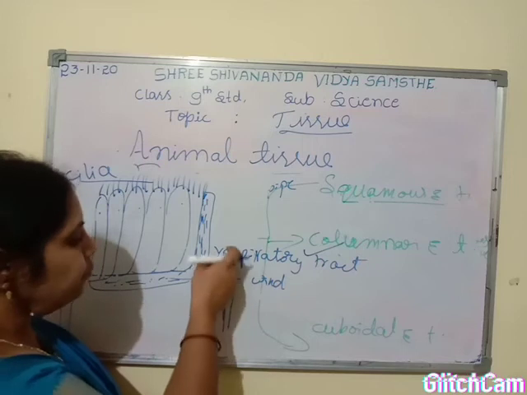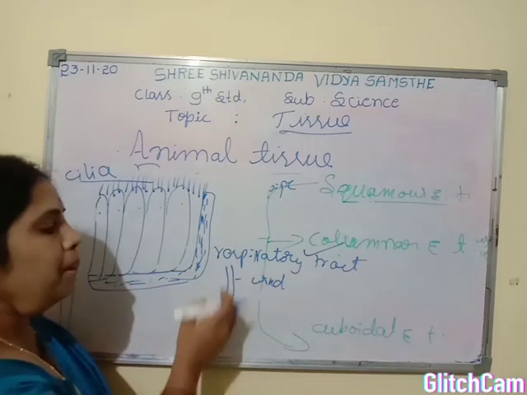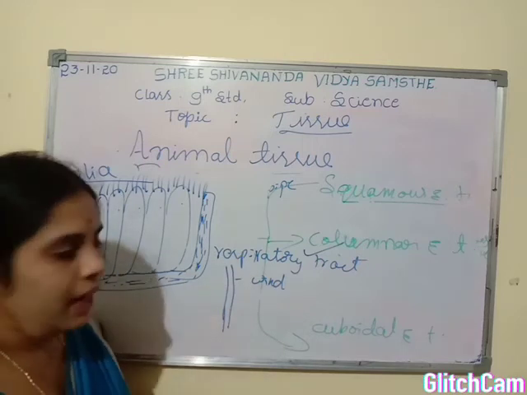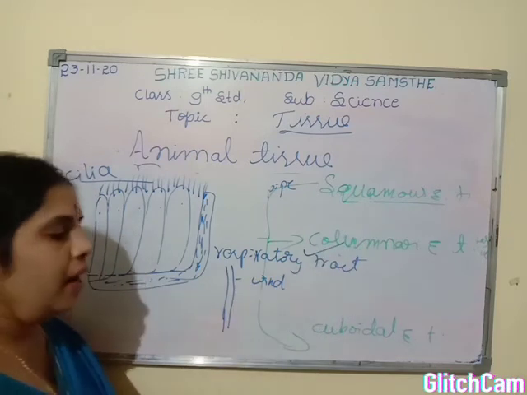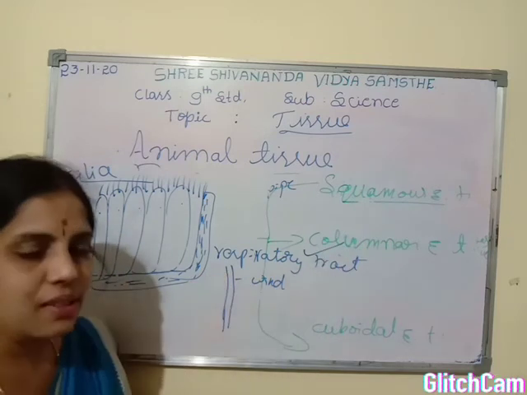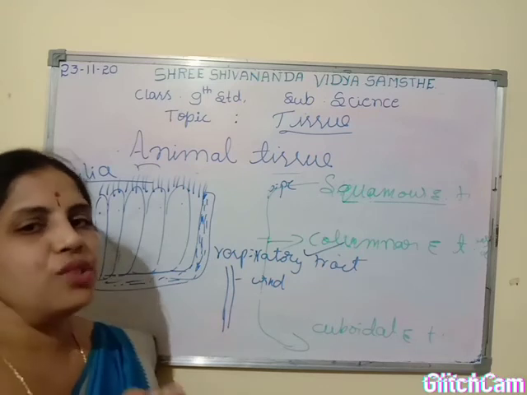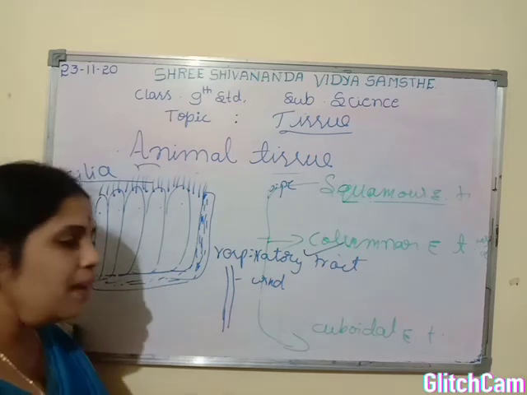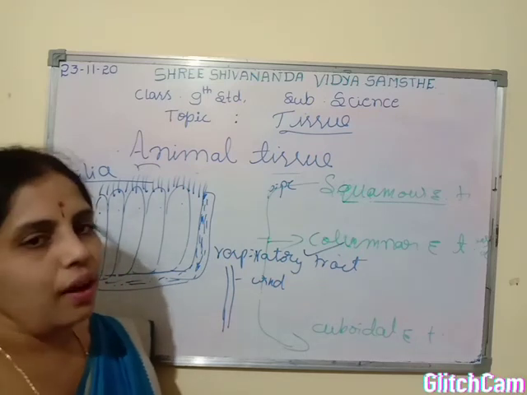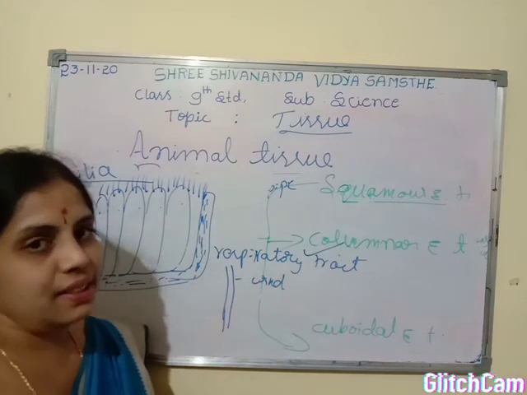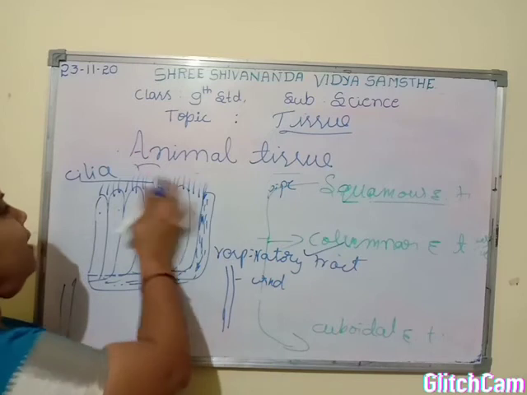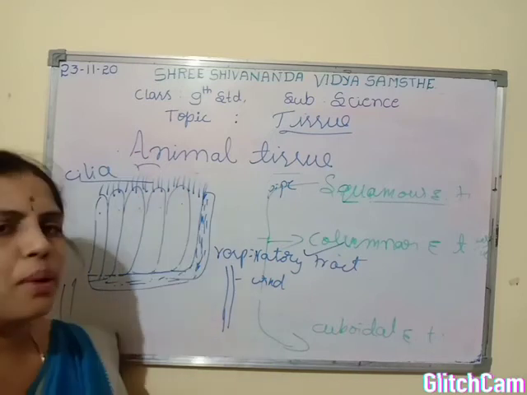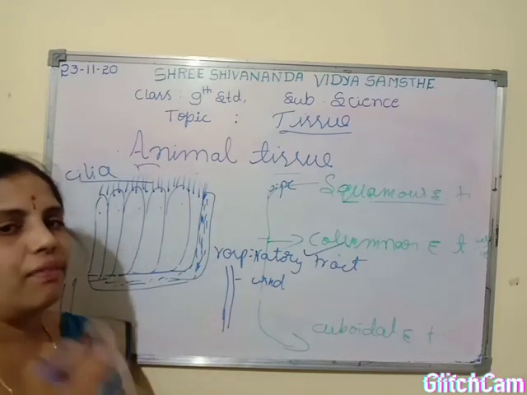Here also, for proper passage of air, it has the columnar epithelial tissue and also mucus. Mucus is a jelly-like structure which helps in the dilution of dust particles, and the cilia also help in the filtration of dust particles.